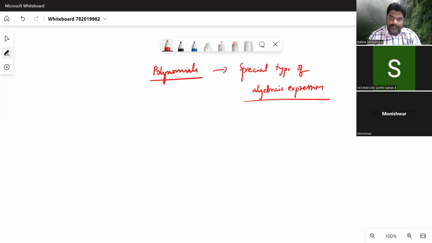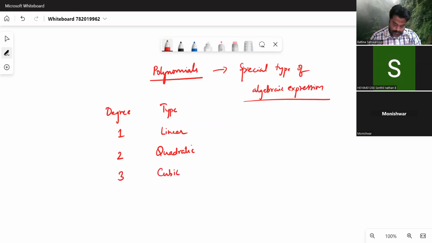You remember? Yes, sir. So if the degree is 1, then you will call it a linear polynomial. If the degree is 2, you will call it a quadratic polynomial. If the degree is 3, you will call it a cubic polynomial. If the degree is 4, you will call it a biquadratic polynomial, right?